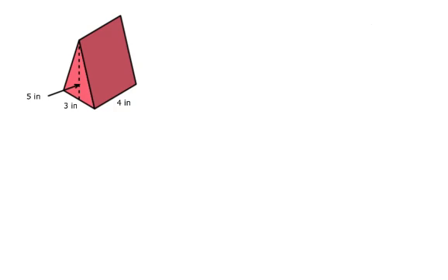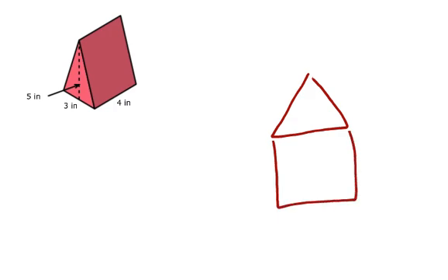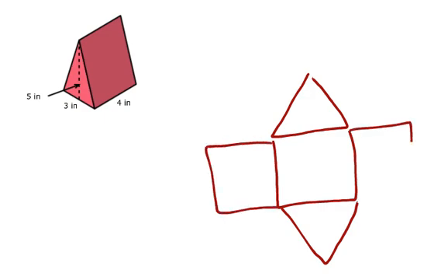So drawing the net, we have a triangle for the base. Then we have a rectangle down below. Then on the other side is the other triangle. And then we have another rectangle over here and another rectangle over here.